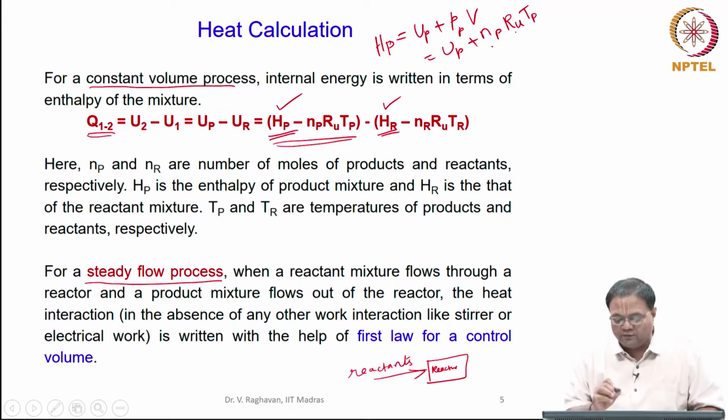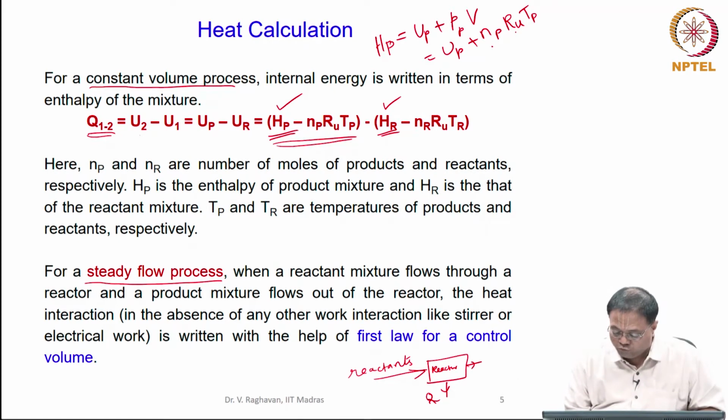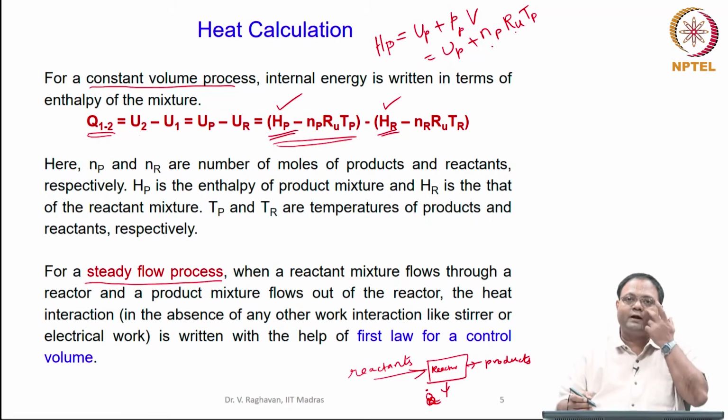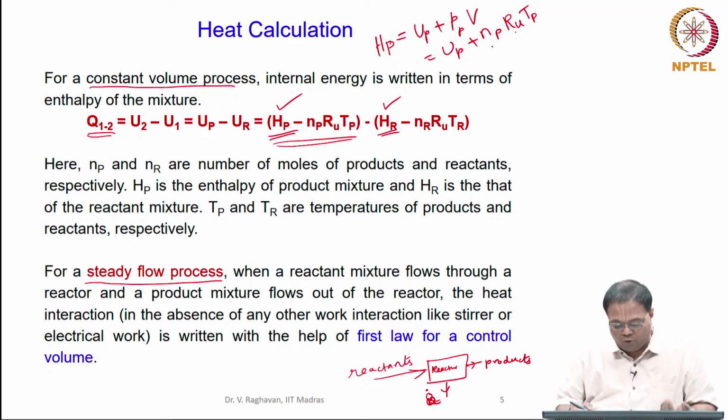Reactant comes in, and whatever heat is generated, we can take it out. So heat interaction is allowed here. Similarly, products go out. You can also have some work interaction like stirring work and so on. But basically, we don't have that in a combustion chamber. Nobody stirs a combustion chamber.